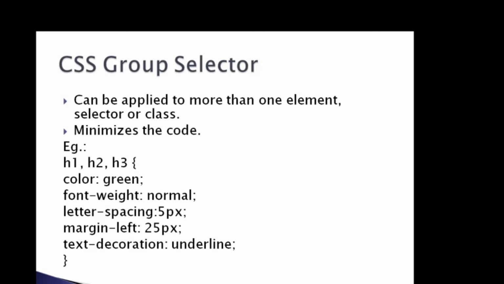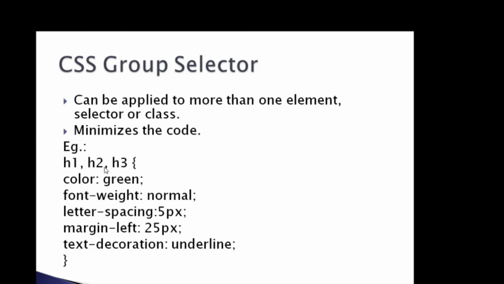Now by using CSS we can apply the same set of rules or styles to more than one element, selector or class. It also minimizes the code because we don't have to define those rules for each and every element or selector or class again and again. Now every selector or the element is separated by a comma.